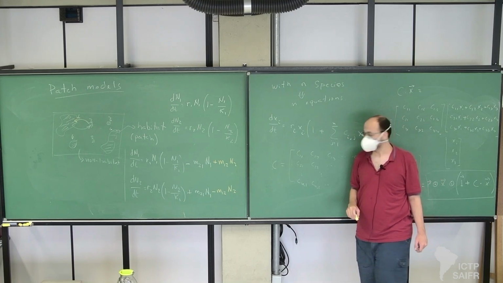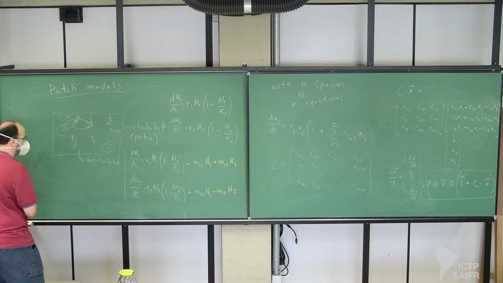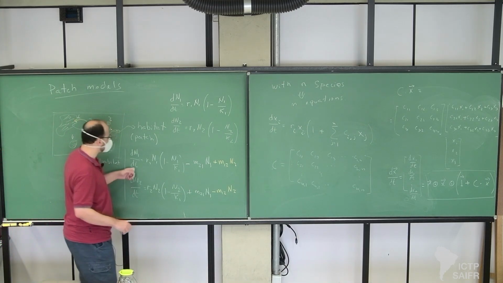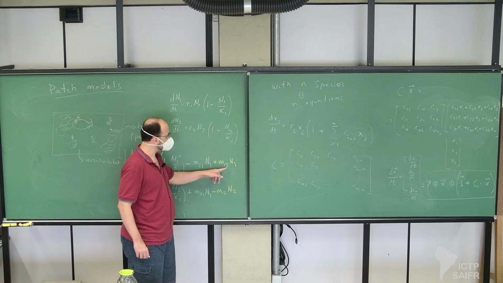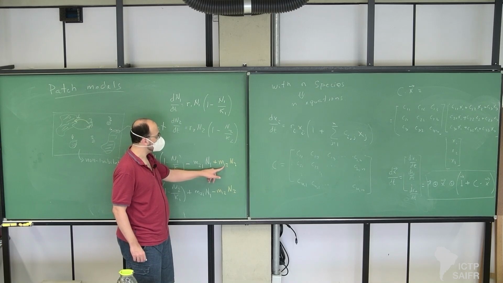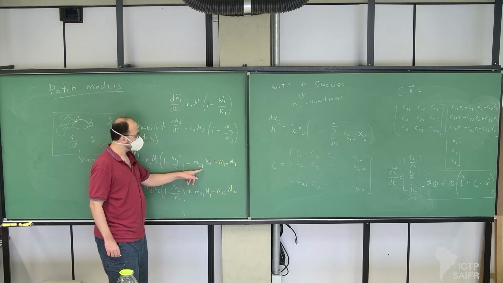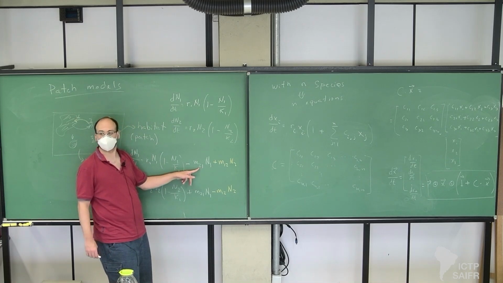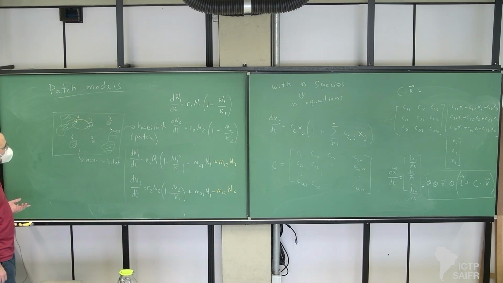And now I already wrote this in a way that accounts for the contribution to the population on patch 1, right? So m12 n2 is the population leaving patch 2 and arriving at 1, and this here is the population leaving patch 1 and arriving at 2. Okay? Good?